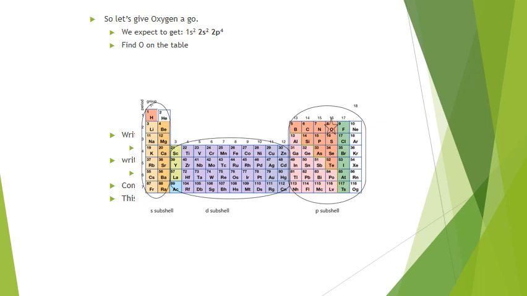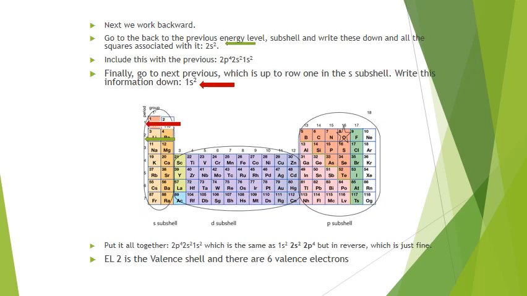So what you've done is you've figured out where this guy lives. It lives in the 2p's and it's 4 over. What we have to do now is figure out the other two components. Next we work backwards.